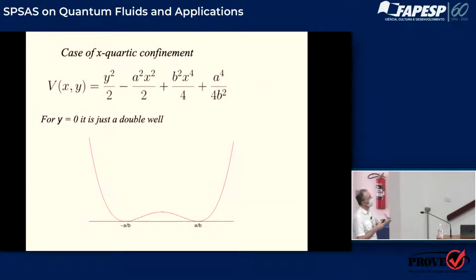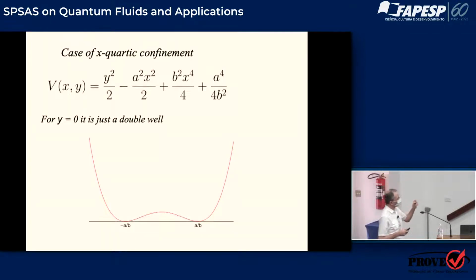Okay, of course, if you put a minus, you have an inverted trap. And of course, you can separate things in the x direction with this. But later on, we can make it 0. And then we have this quartic trap, this b square x to the fourth quartic trap, and then an extra term just to make the calculations easier.